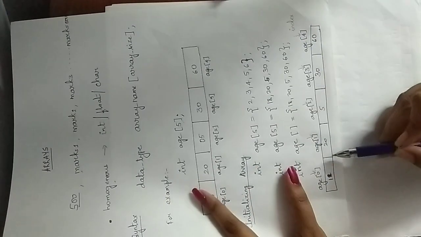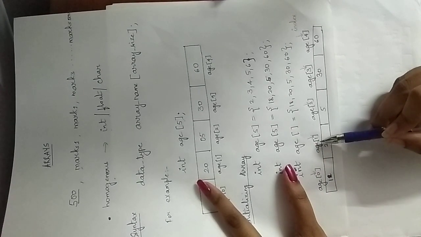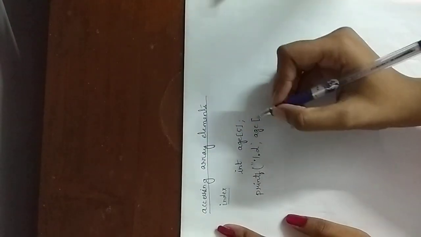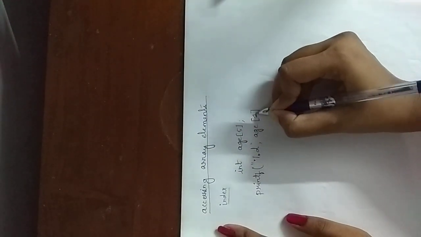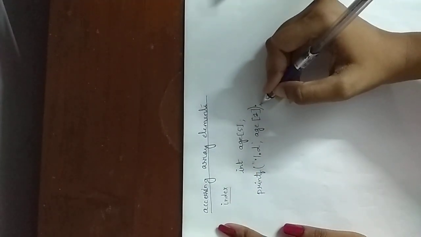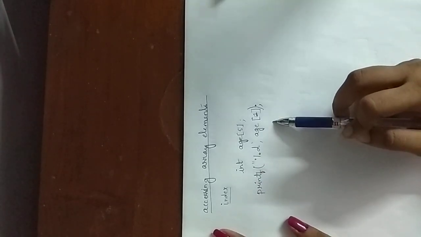If we want to access the second element, which is 20, we have to write index 1, because this second element is present at this particular index. So we write age and we write the index of the given array, and we close the printf statement in this manner, and we end it with a semicolon. Now this is how we would print the given element in an array.